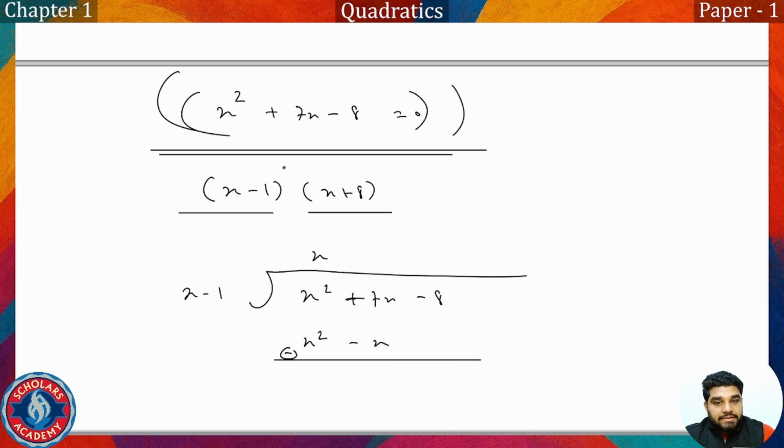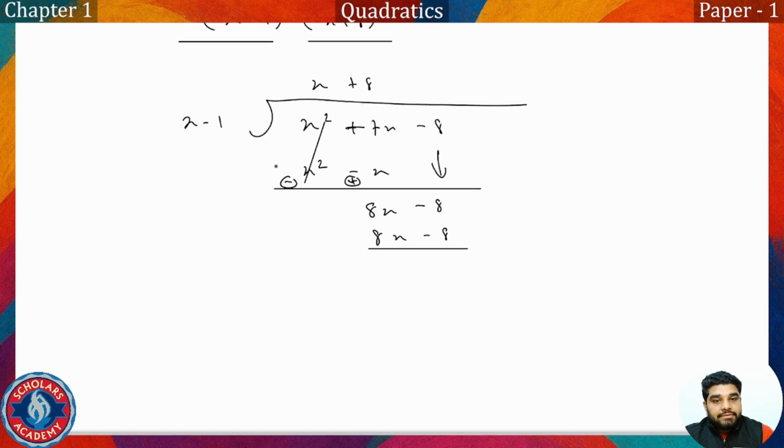Changing the signs, these get cancelled out. 7x plus x gives us 8x. Now I bring this term down, negative 8. If I multiply it with 8, I get 8x minus 8. This again gets cancelled out. Changing the signs, both terms are the same.